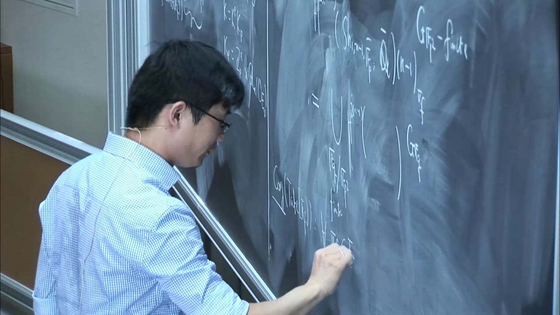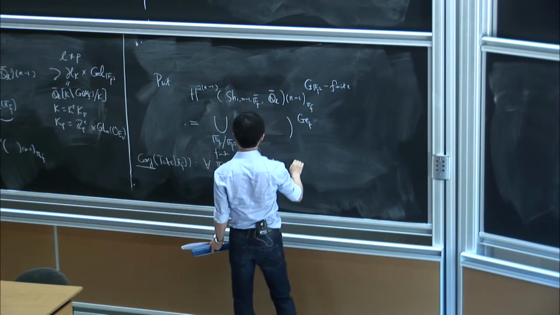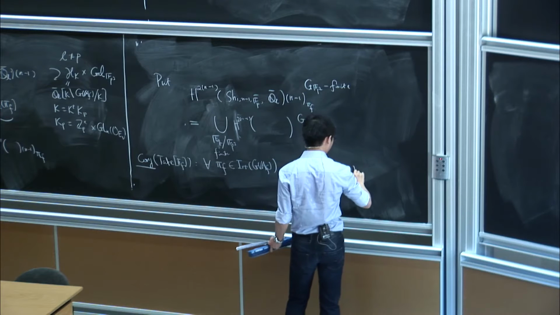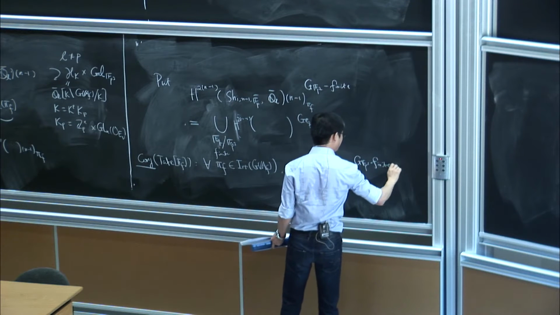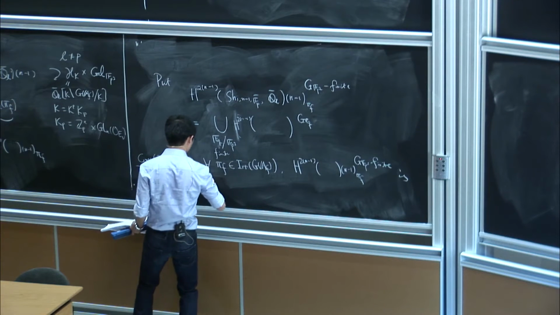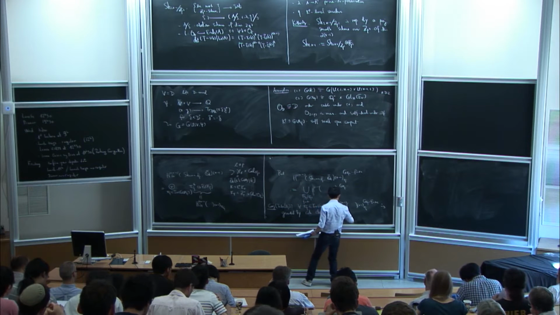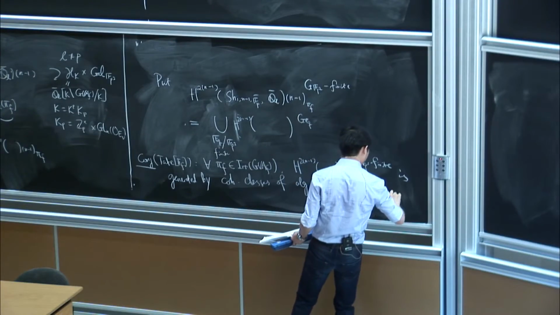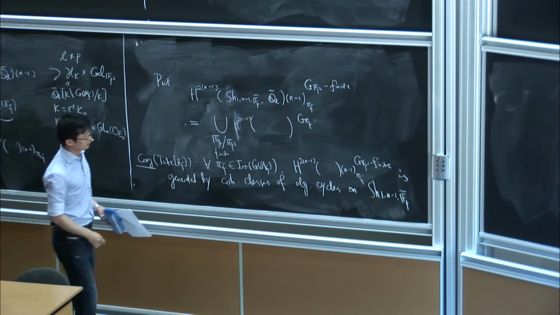So for any π_f in the irreducible admissible representations of G(A_f), this π_f component of the Galois finite part is generated by the cohomology classes of algebraic cycles on the special fiber of the Shimura variety.